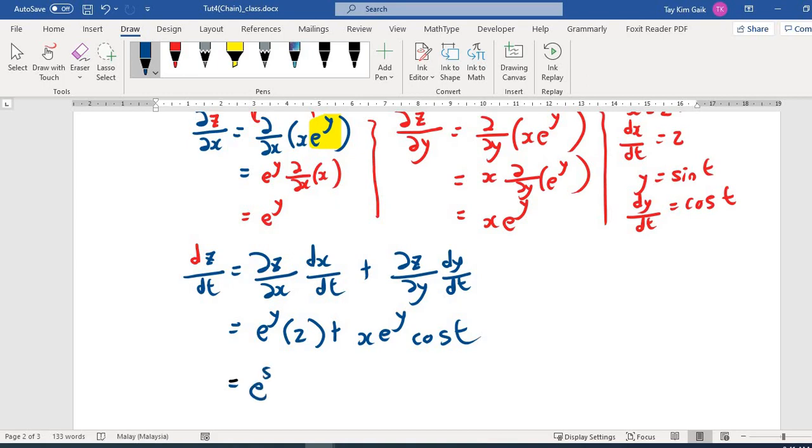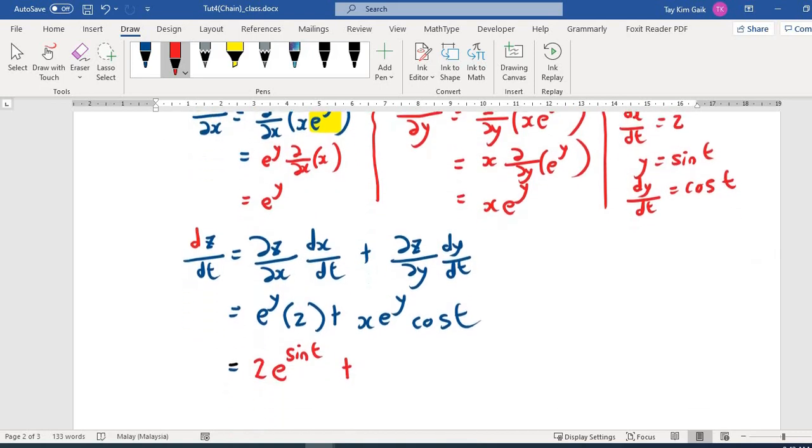Y is sin t, x is 2t. Plug in x, 2t. Y is sin t. So the last one will be the perfect answer because you replace y with sin t and x with 2t. So question 2 seems to be no problem.